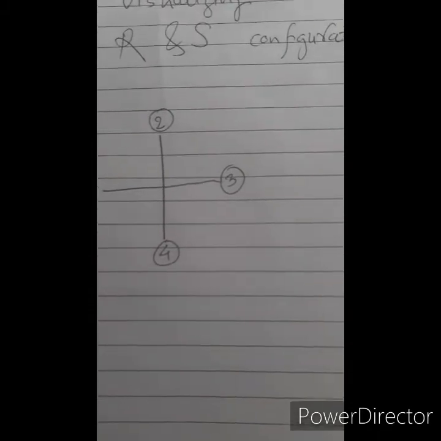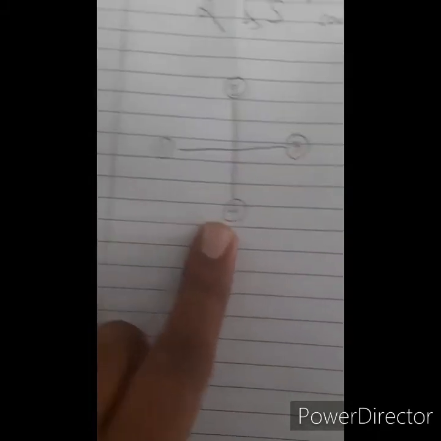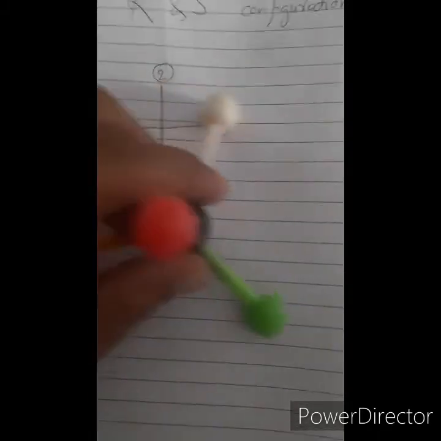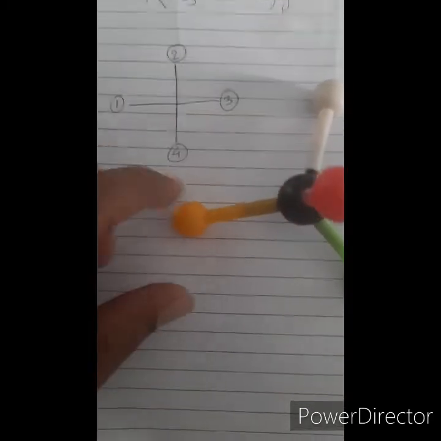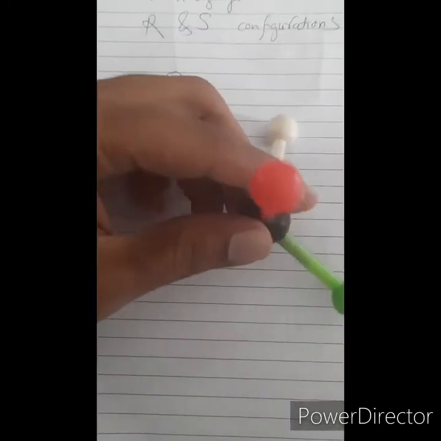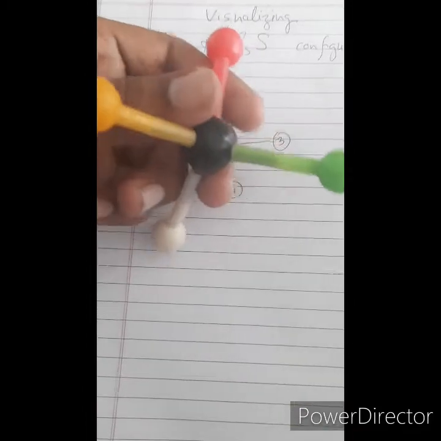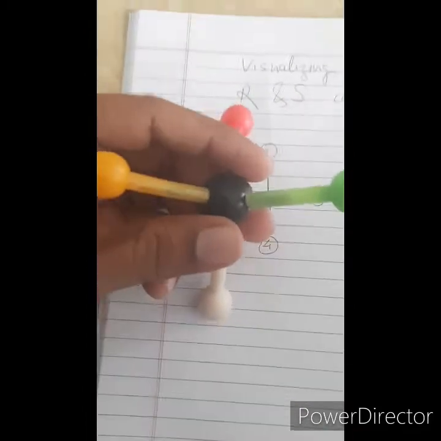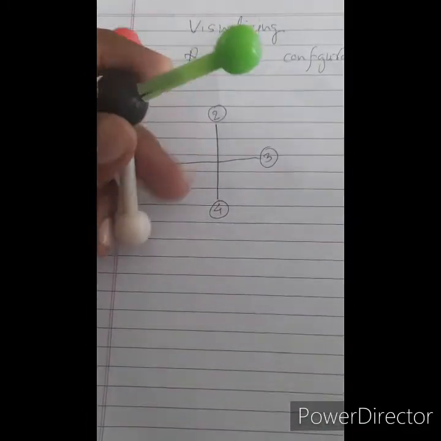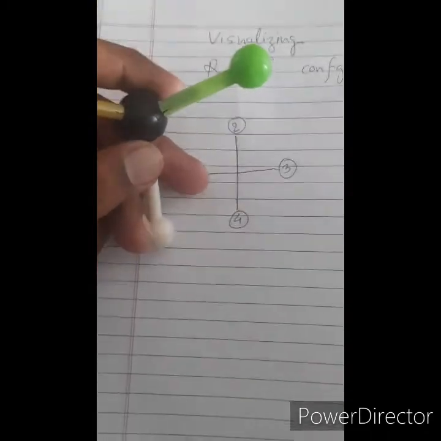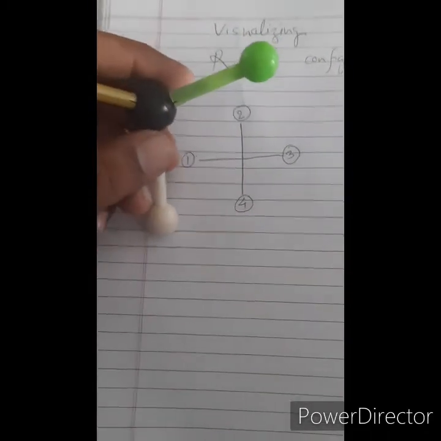Now just see, this is one example, and I have prepared one model, and this is a Fischer projection, so we have to see the model like this. To make it simpler, I just gave numbers instead of any functional groups.